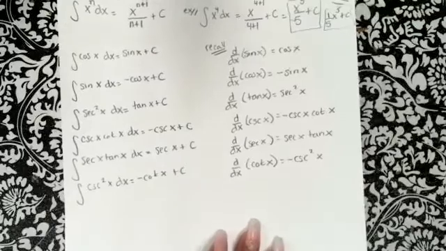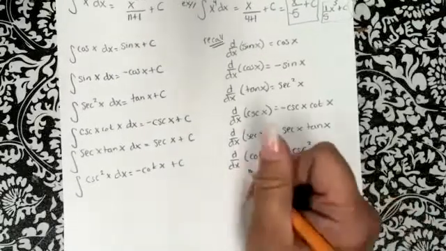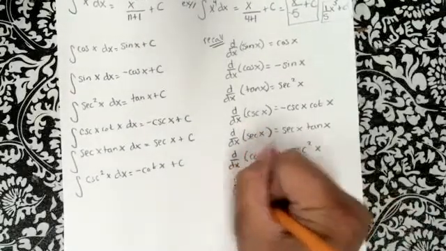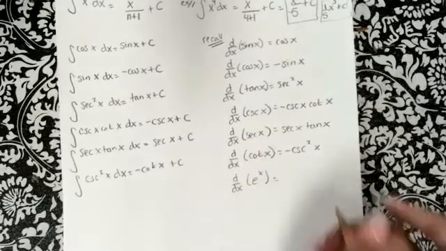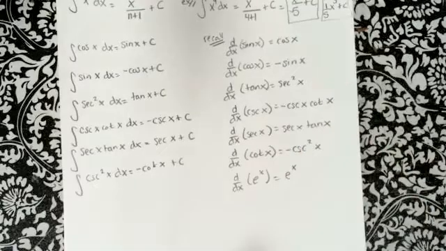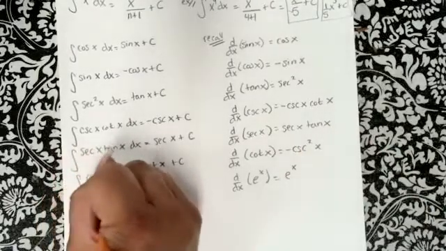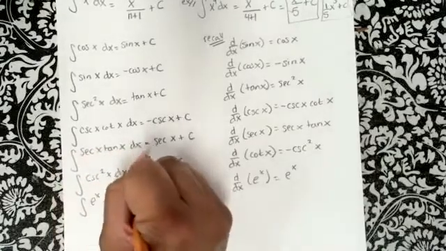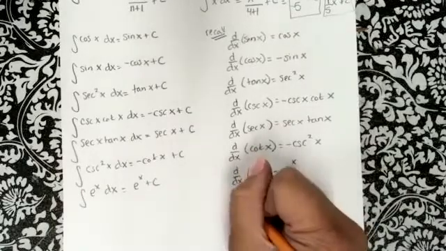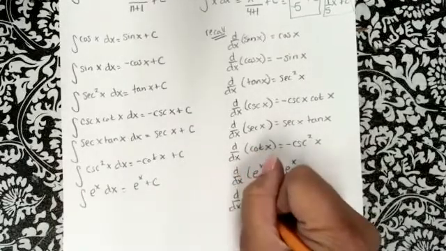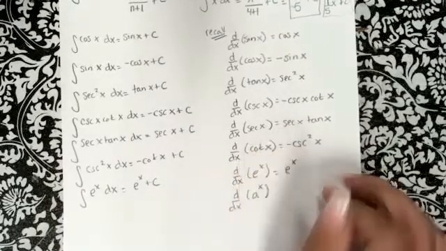Now we can't forget our special derivatives, such as e to the x. The derivative of e to the x is e to the x. So if you're taking the antiderivative of e to the x dx, that is e to the x plus a constant. Next, we have a number raised to a variable.